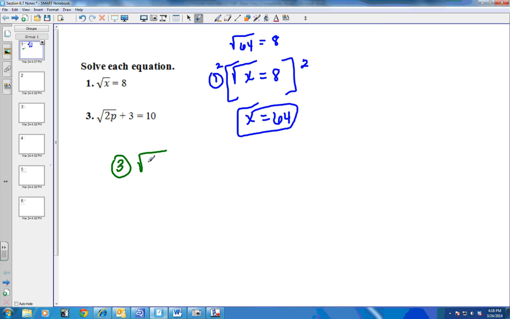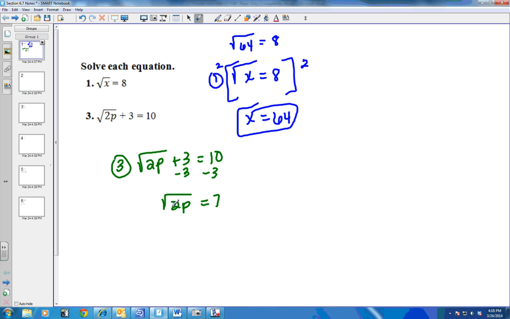I have the square root of 2p plus 3 equals 10. Okay, when you have a square root and you're solving for p, I need to isolate my square root, or my radical, first. So that means I need to get rid of this 3. So I have the square root of 2p equals 7.